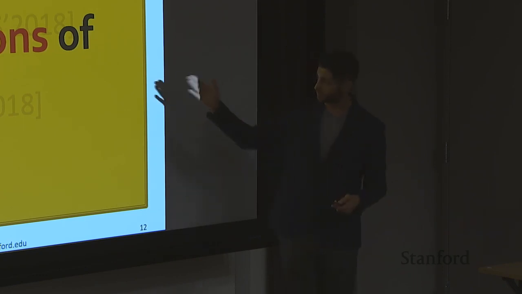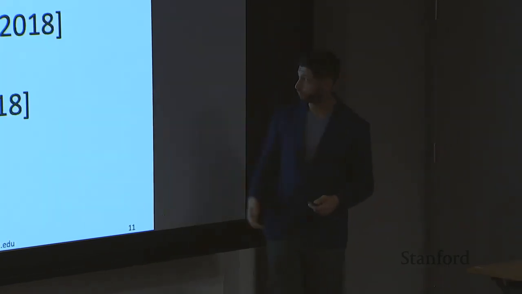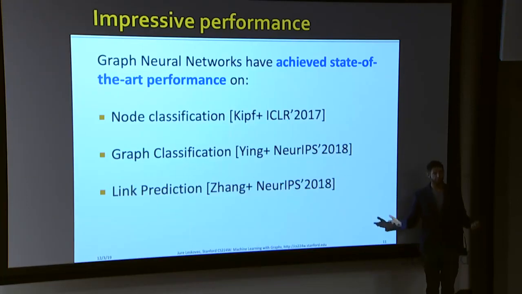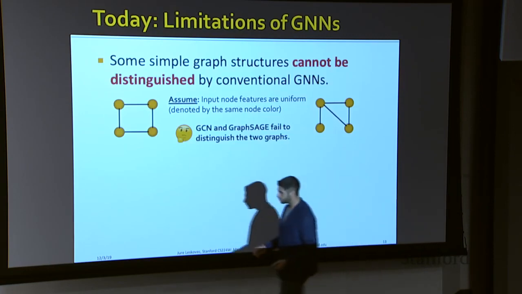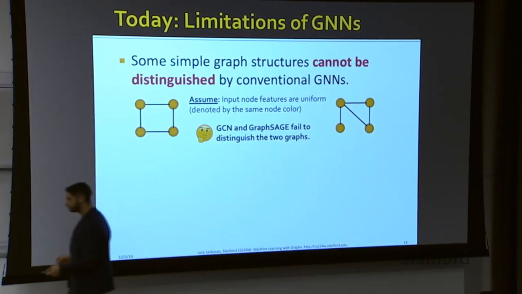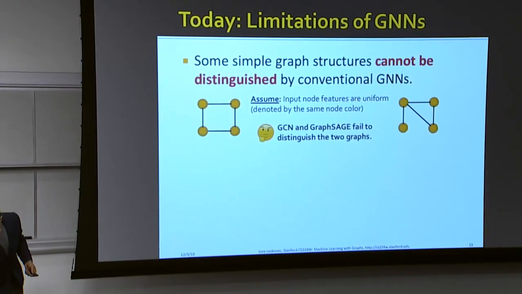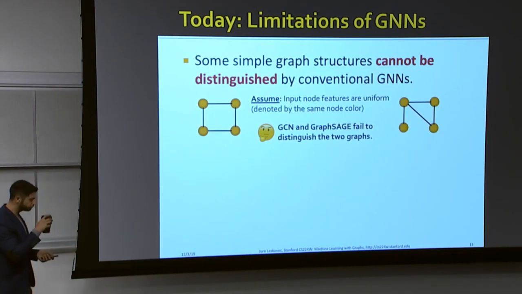Rather, the state-of-the-art results that I just showed you were obtained on very famous and common data sets, but there are some corner cases where GNNs will underperform. So which are these corner cases and how can we solve them? We're going to be talking about two main limitations today, okay? The first one is the one I've been alluding to for a while.